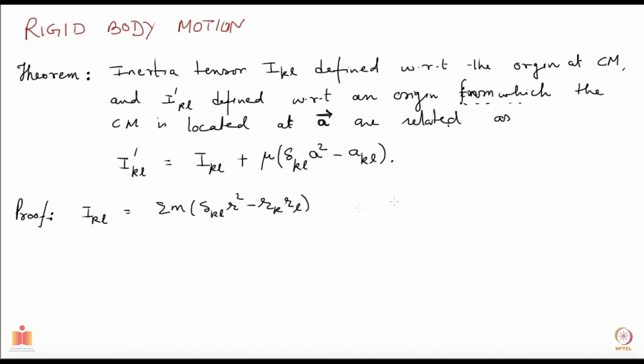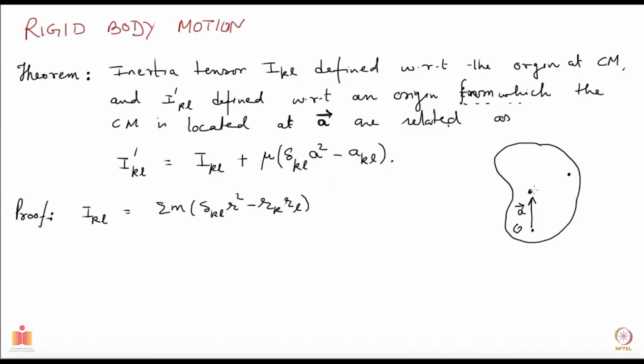Now let's say this is my rigid body. Somewhere here is the center of mass. We are looking at some point P, and this is my origin O. This center of mass is located at a vector A away from the origin.